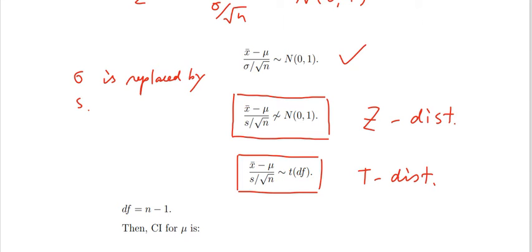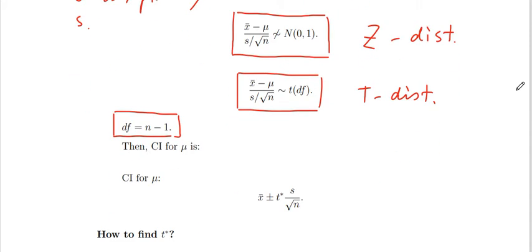For the T distribution, we have a degree of freedom. Here the degree of freedom is n minus 1, just the degree of freedom in the variance. So for the confidence interval, before we checked the Z table, here we need to check the T table.